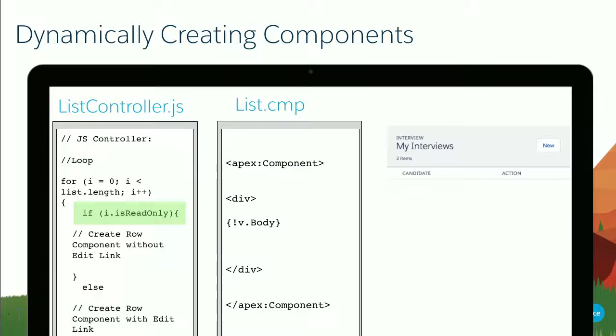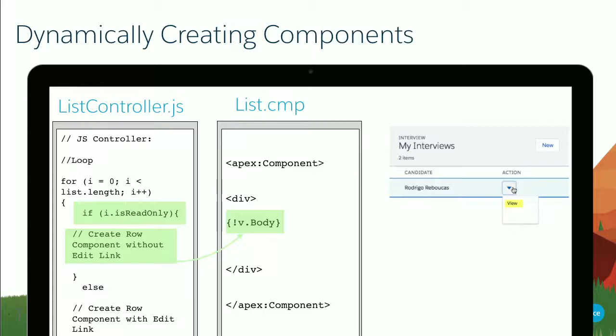In this example here, we have an if statement checking: is the item supposed to be read-only to the user? If it is, we can, for example, create that list row child component, setting the attribute as read-only. You'll see the code in a little bit, but it uses a facet, v.body; that's how you are able to dynamically create Lightning components inside a parent. And this would, for example, render the list row just with the view option and not with the added option, because this is supposed to be read-only, right?